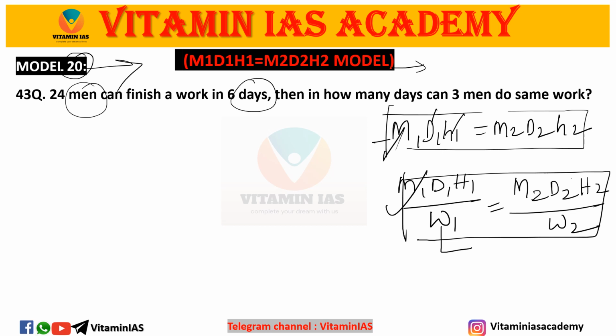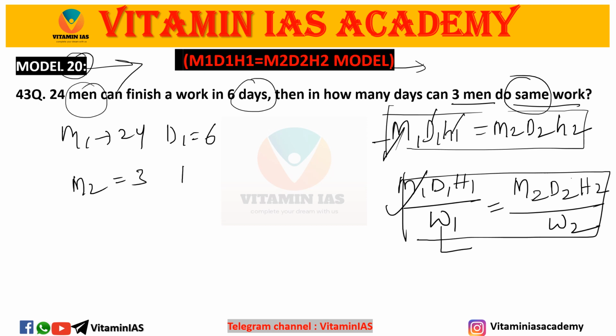From these two formulas you can easily solve this method. So, 24 men can finish a work in 6 days. M1 is 24 and D1 is 6. Then how many days can 3 men do the same work? Here M2 is given as 3, and they want D2.